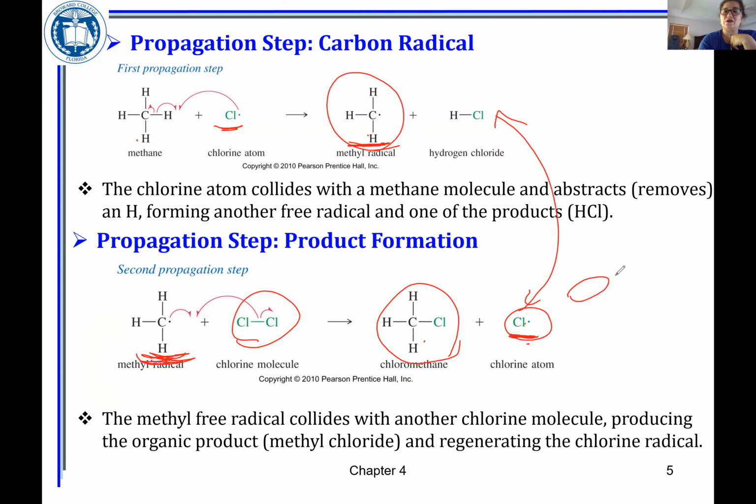It is like the links of a chain. That's why it's called a free radical chain reaction. It's going back and forth, and every time this cycle takes place, you have one molecule of the product forming. This propagation step is going to repeat itself 100 times before the reaction stops.